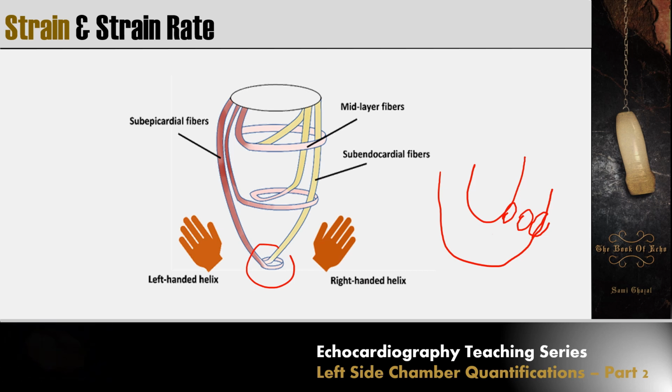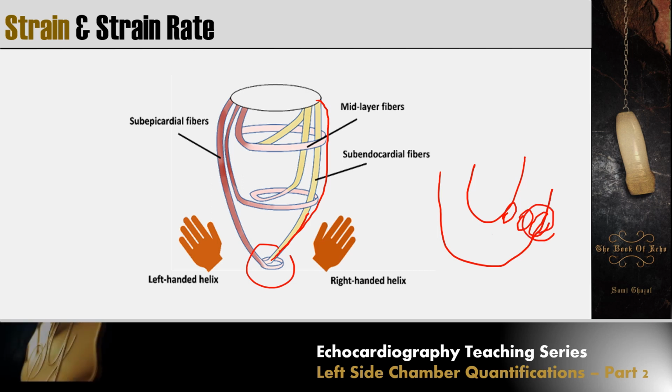So the subendocardial fibers will run in a direction resembling the right-handed helix, going all the way to the base of the heart. The subepicardial fibers, the outermost fibers, will run the opposite direction, which is the left-handed helix.